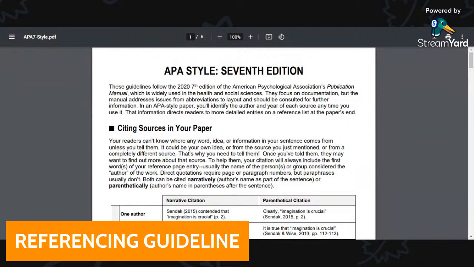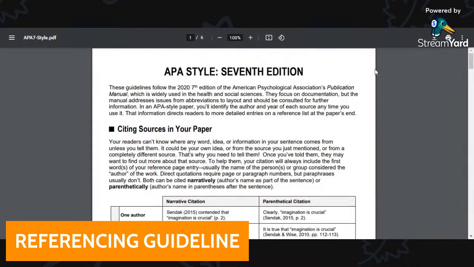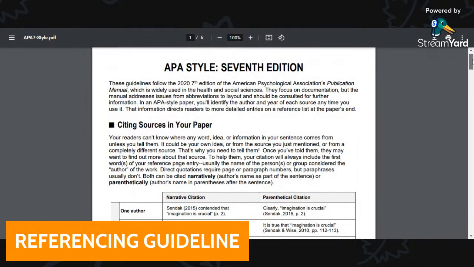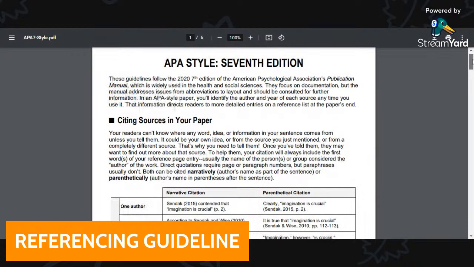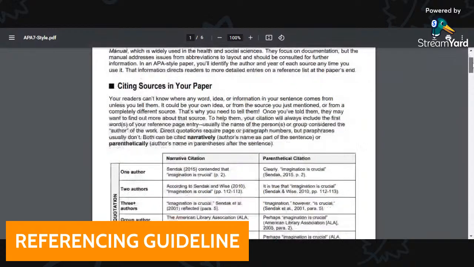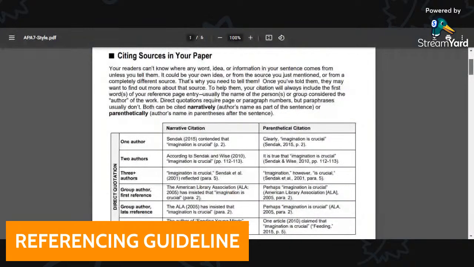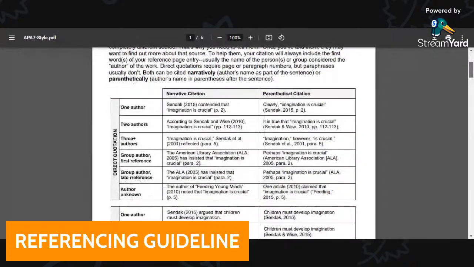Now we will move on to the referencing guideline, and here is the referencing guideline for APA 7th edition, on citing sources in your papers. There are narrative citations and parenthetical citations. Clear examples are given, and we earlier discussed in our slides how we have to cite.